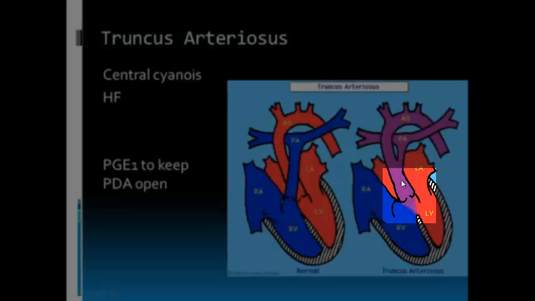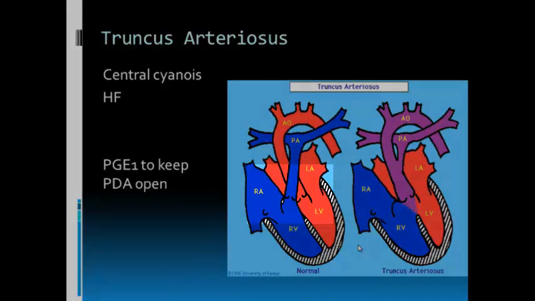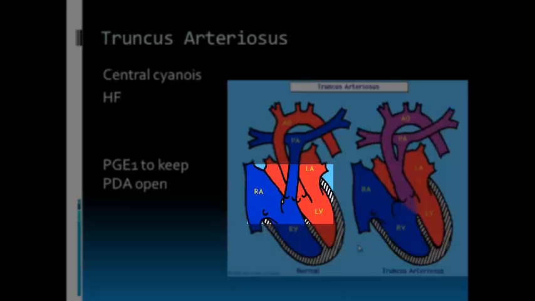At some time during fetal development, these arteries split into 2, where the pulmonary artery comes off the right ventricle and ligaments form, and the aorta comes off the left ventricle and we have ligaments form closing it up from the right ventricle. What happens here is they fail to split off into 2 separate main arteries. So we have an incomplete division of the great vessel. The truncus arteriosus does not divide into the pulmonary artery and the aorta.